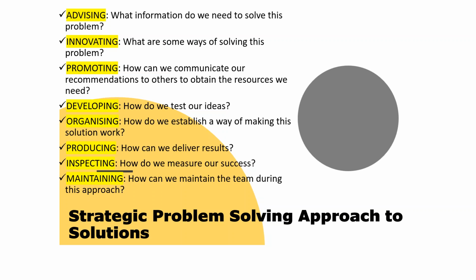So you can see that the approach is very logical, and the problem that we've got in most teams, of course, is that those 8 particular tasks are not always present. It's very rare in my experience to find any team that actually has all those 8 role preferences covered.